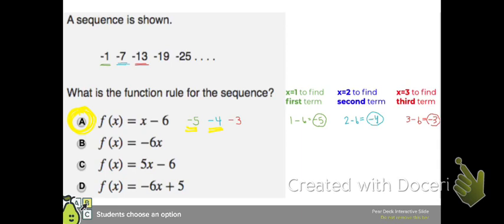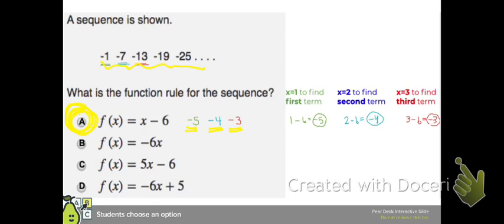When I put in 3 for this function, I have 3 minus 6 is -3. So the third term is -3. So the sequence that is revealed by this function under option A is -5, -4, -3, not this one. So we know the answer is not A.